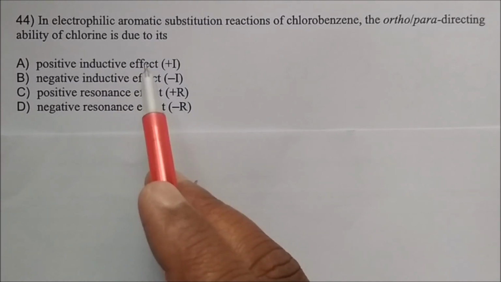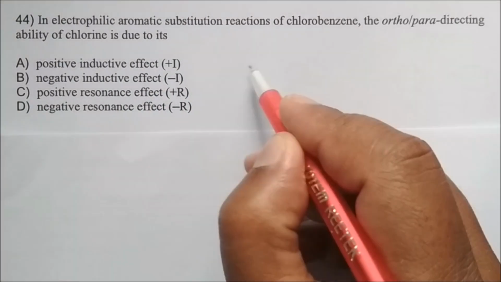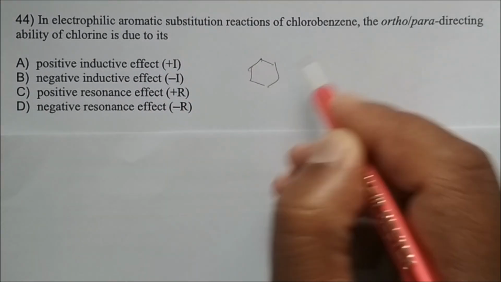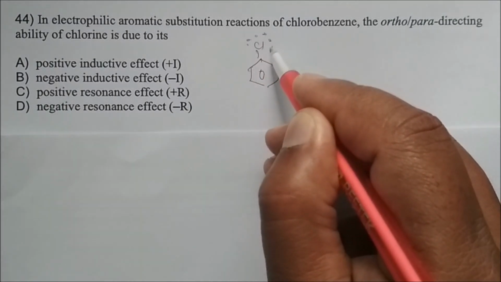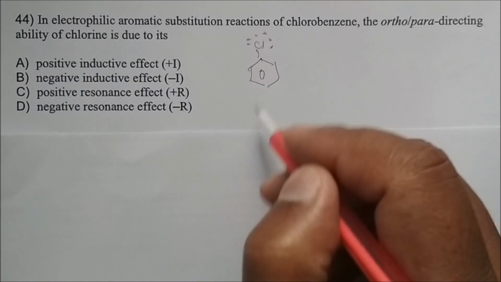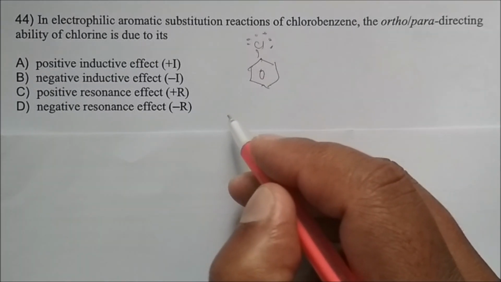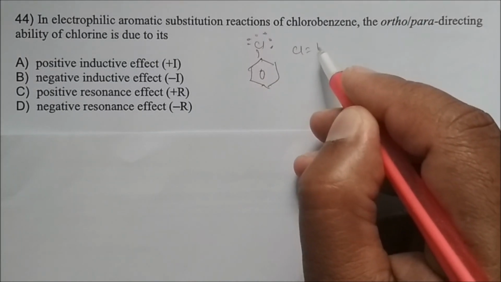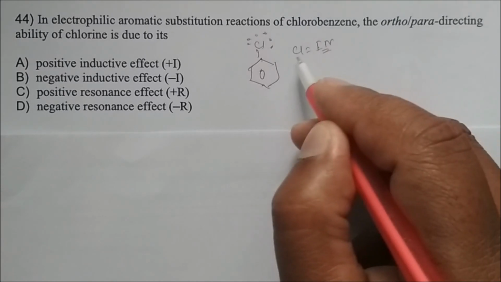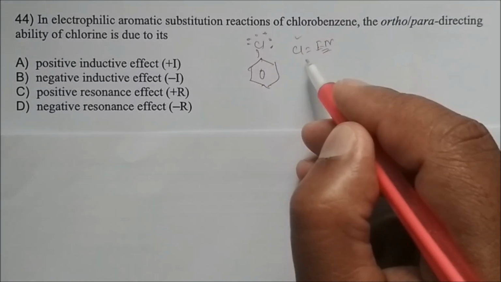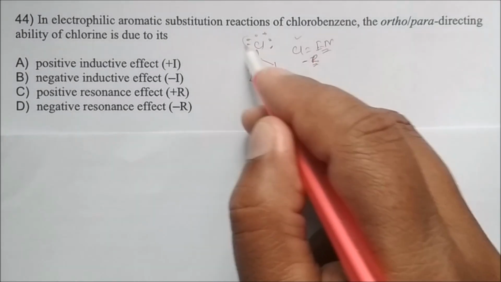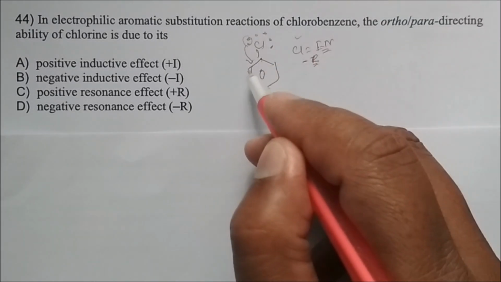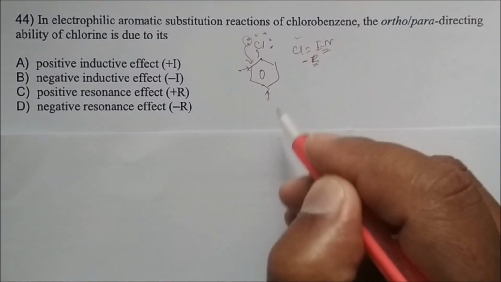In the electrophilic aromatic substitution reactions of chlorobenzene, so this is our chlorobenzene, and what is the ortho-para-directing group there? So chlorine has 3 lone pairs present over here in this ring. Chlorine is an electronegative atom, so its electronegativity is very high, so it will cause a minus I effect, but it has a lone pair. So due to lone pairs, the ring is activated at ortho and para positions.